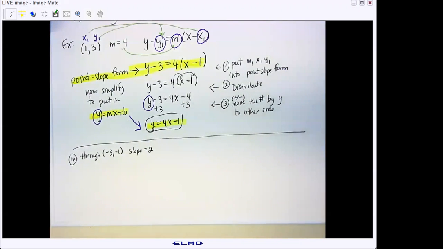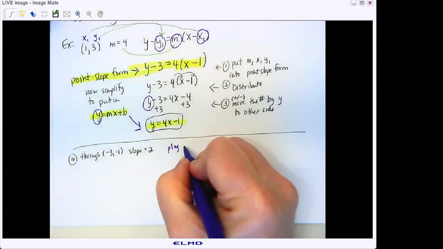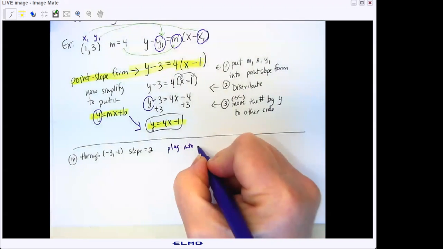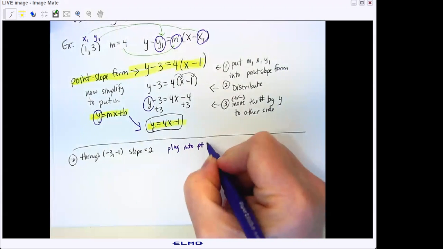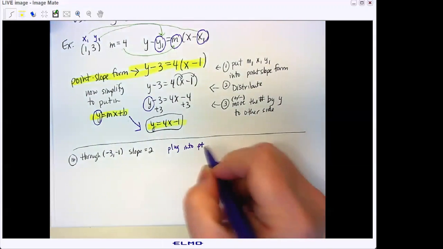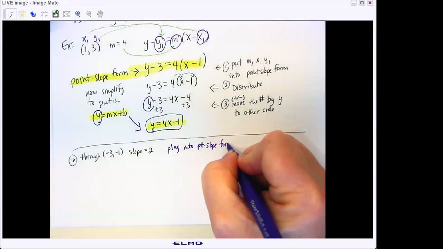Okay, so the first thing I'm going to have you do is plug into point slope form. PT is point.